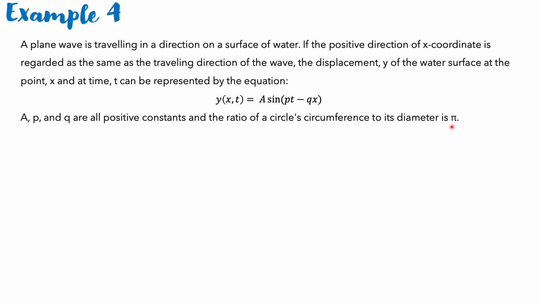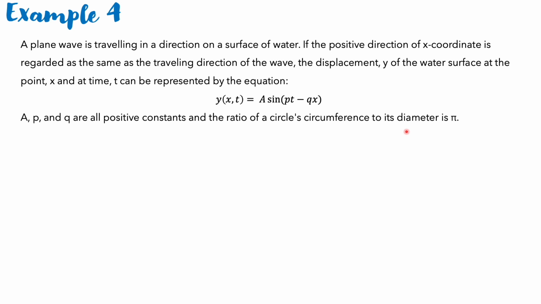You know what the circumference and the diameter are. 2 pi r is the circumference of a circle, and 2r is the diameter, right?